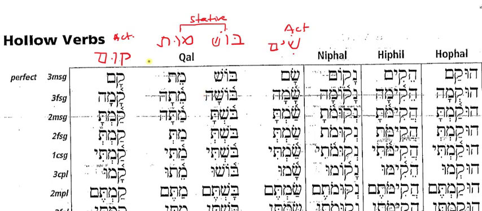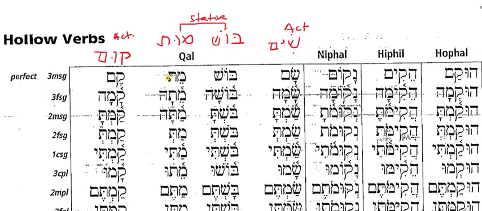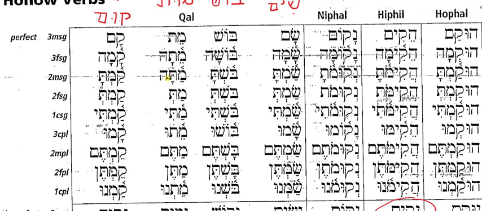Okay, so shuv means to return. So shuv is not stative. Shuv is not shev. Shuv follows kum. Okay? It's just kum with a shin and a bet where the qof and the mem are. So what we want to do is look at the qal perfect 1cs, and here it is, kamti.